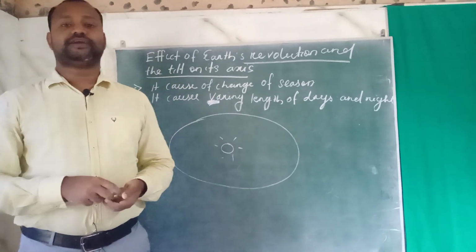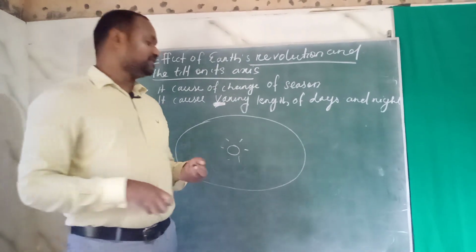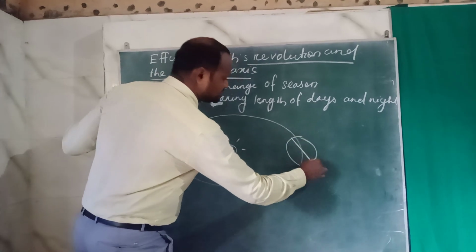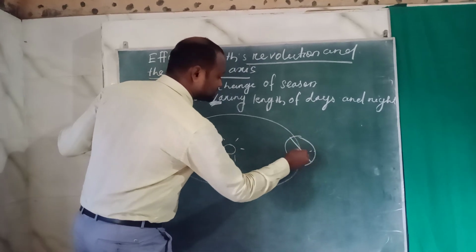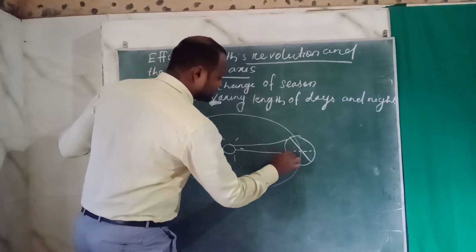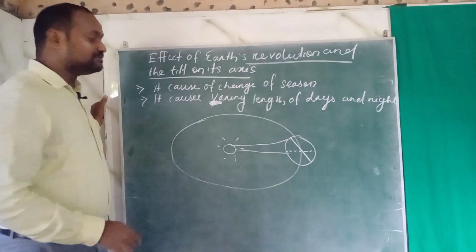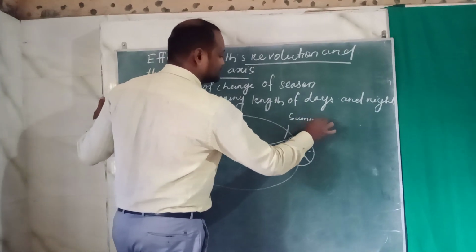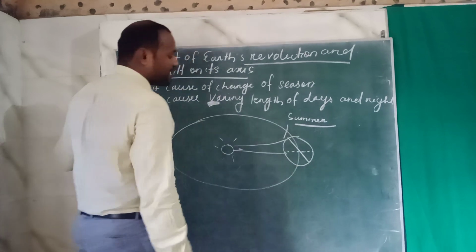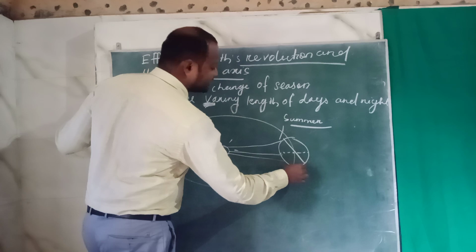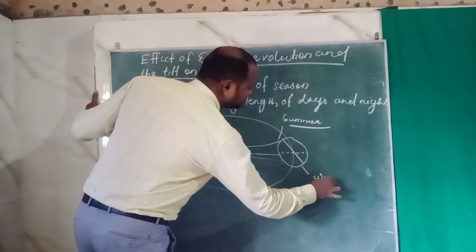For example, when one part of the Earth, for example the northern hemisphere, this is the Earth's axis, is receiving the vertical sun rays, that means here we have summer, and the southern hemisphere is receiving the slanting rays, that means here we have winter.